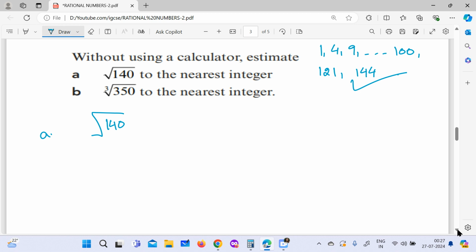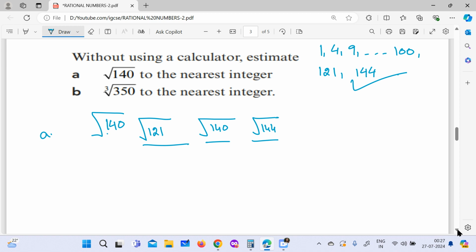Okay, so see, this square number 144 is larger than 140. So you can see here square root of 140 falls between square root of 121 and square root of 144. But your question is to estimate square root of 140 to the nearest integer.